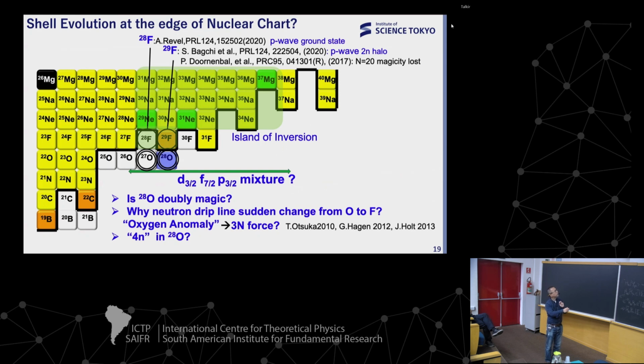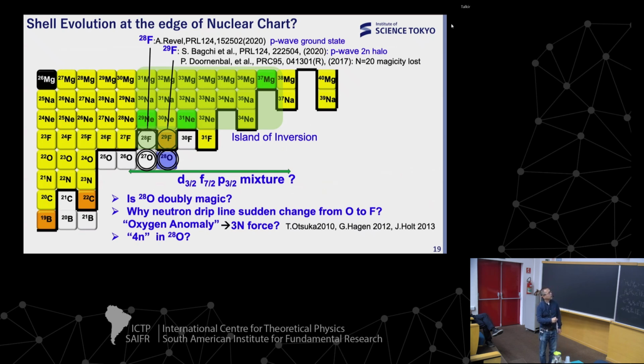But if you add only one proton, then the neutron drip line extends up to fluorine-31, neutron number 22. Six neutrons difference. This is not easily understood theoretically, because many theories predicted oxygen-28 is bound, maybe some 10 years ago. But these recent calculations show that the unbound oxygen-28 can be explained by introducing three-nucleon forces, as discussed by these people.